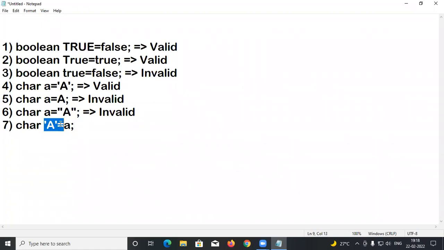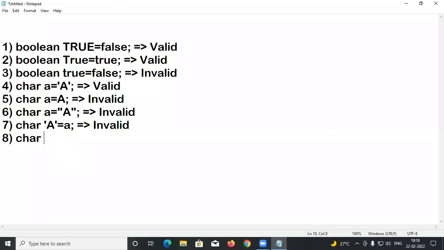According to identifier rules, we should not write single quotes; special symbols are not allowed. So it is invalid. Okay. The eighth one, character here, actually this is also an error.